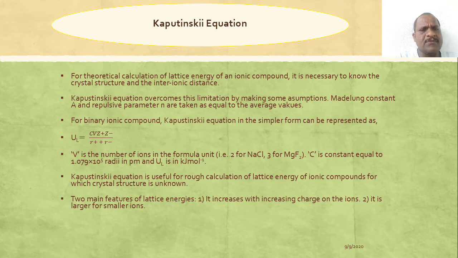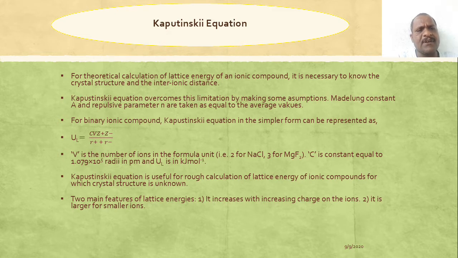For binary compounds like NaCl, the Kapustinskii equation can be written in a simpler form, and that can be used for calculating the lattice energy. According to the Kapustinskii equation, lattice energy UL is equal to C V Z+ Z- upon the radius of cation plus radius of anion, r+ plus r-, where V is the number of ions present in the ionic compound.